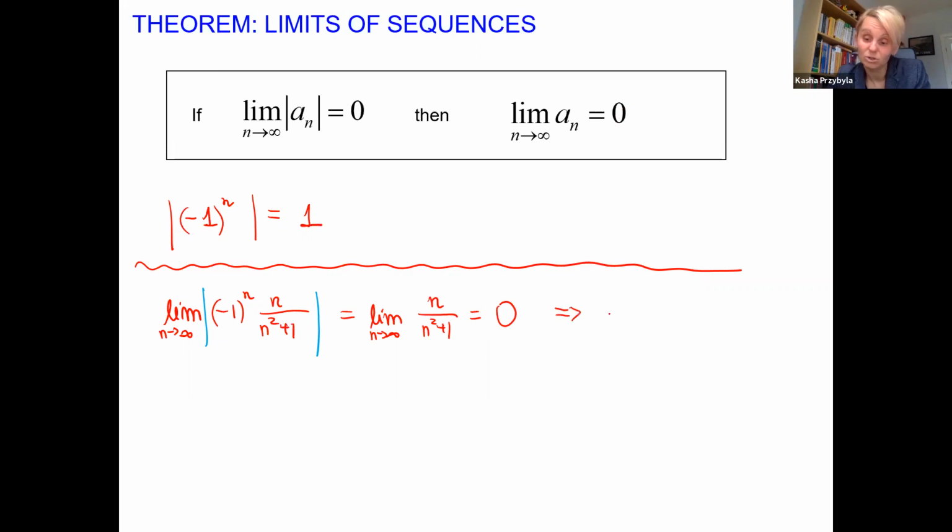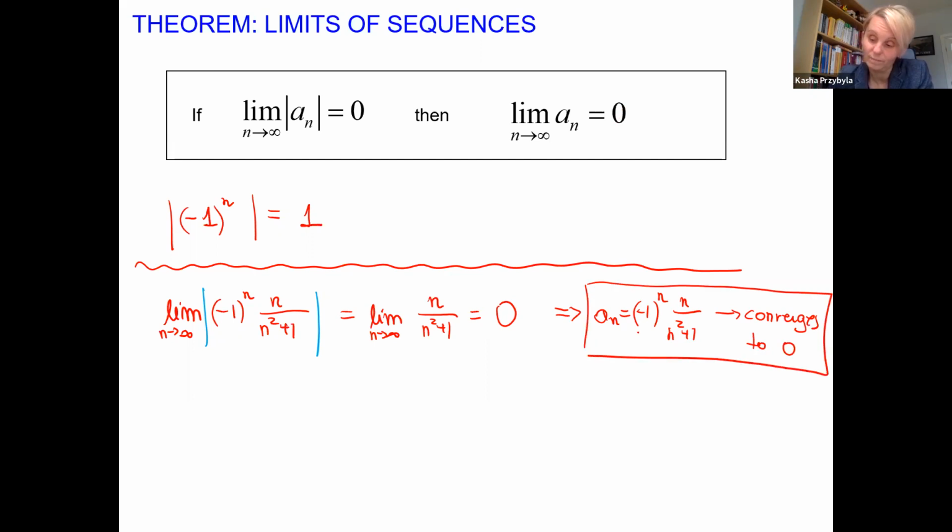This is the conclusion: the original sequence converges to 0. The limit of the original one is 0. That's how we can use it.